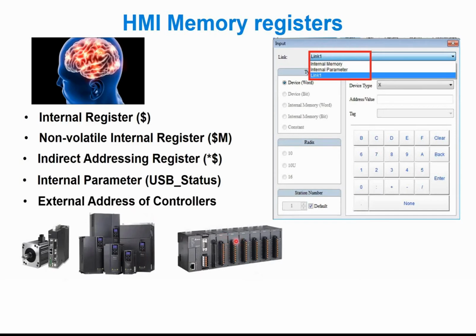Output module, input module. Each of the ports, the IOs in this extension module has a specific register. So for example, if I connect a light bulb on one of these ports and I want to turn it on, I'll go to the HMI program and set the state of that register to on. You see that light bulb will go on.